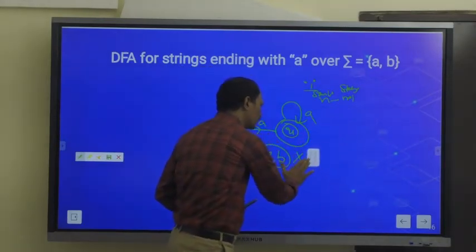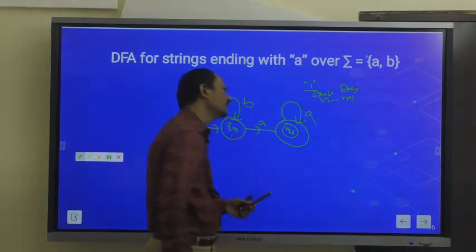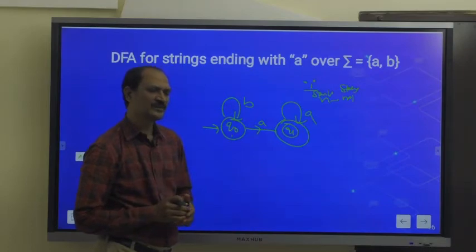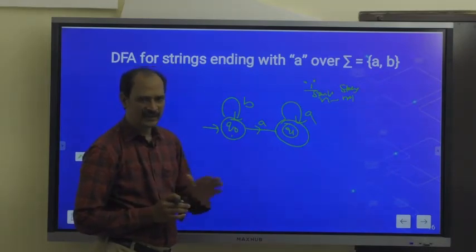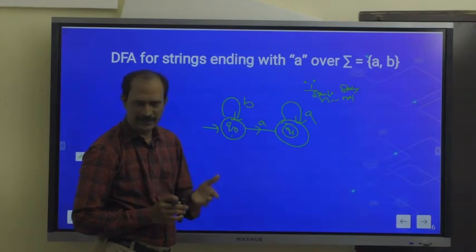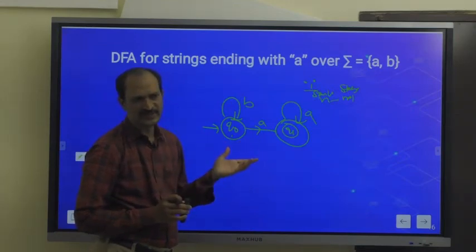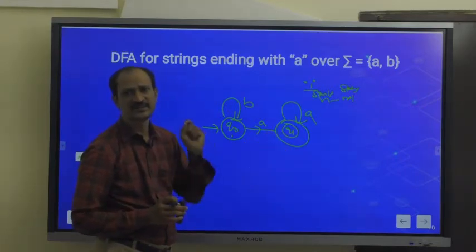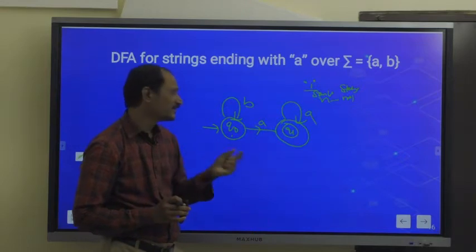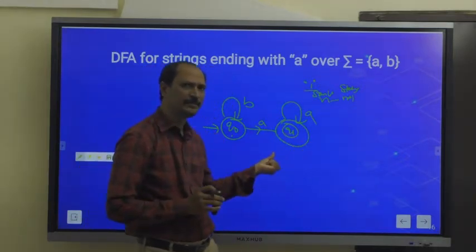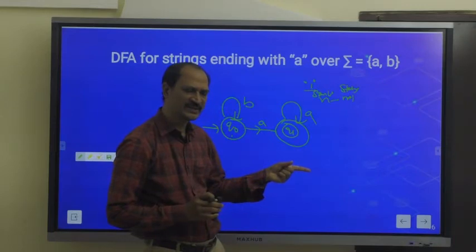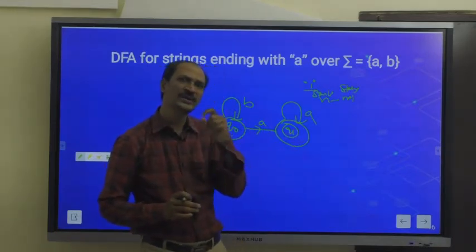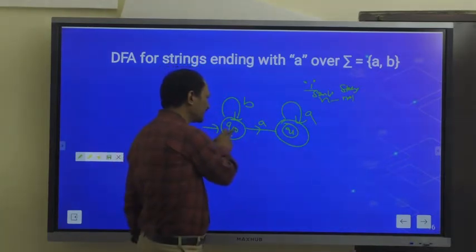Now this is wrong. So what is the right way to do it? You have reached the final state Q1 only after seeing one A. If I see a B, then you go to some other state from where you can come back to the final state Q1 with only an A. So what is the state I can use here?